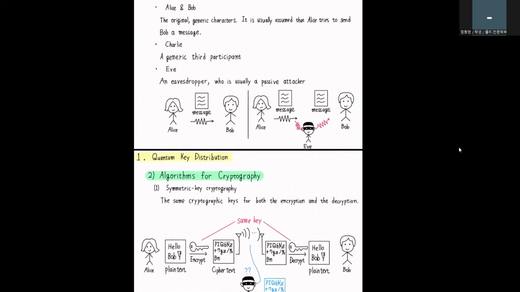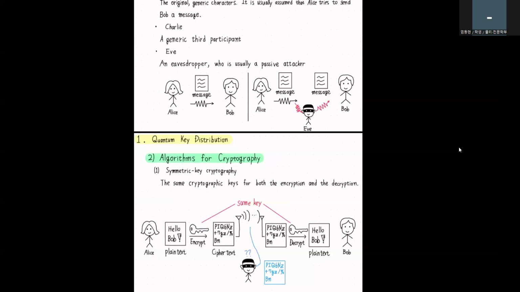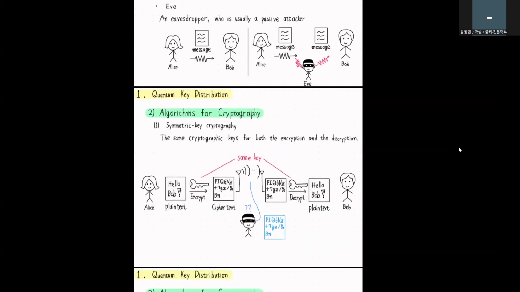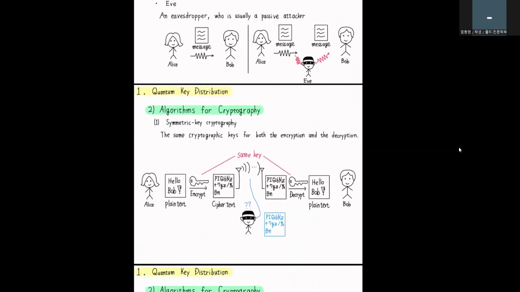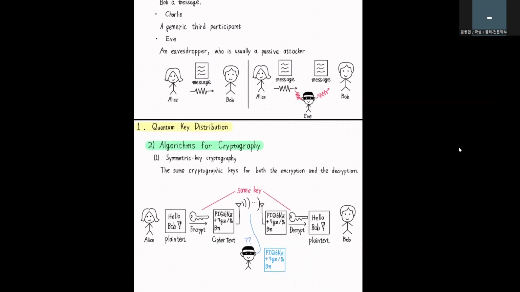And we have Eve, which is a shorthand for eavesdropper, who wants to intercept the message that's sent from Alice to Bob. Now, of course, Alice does not want Eve to know the contents of the message to Bob. So the main problem of cryptography is how to send a message securely such that only Bob can read the message and not Eve.